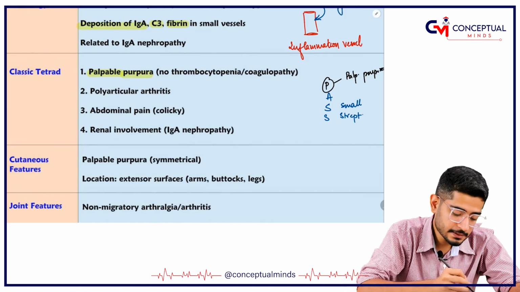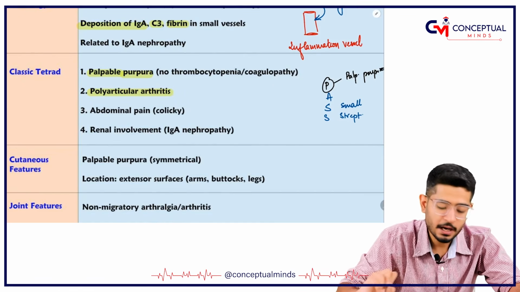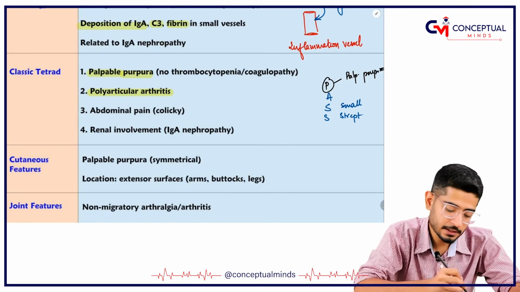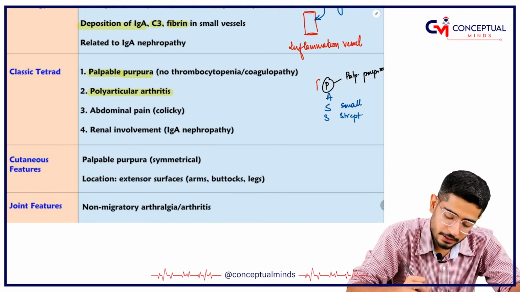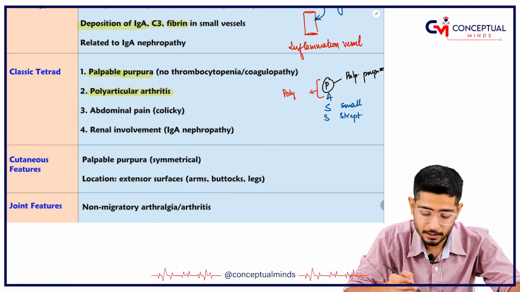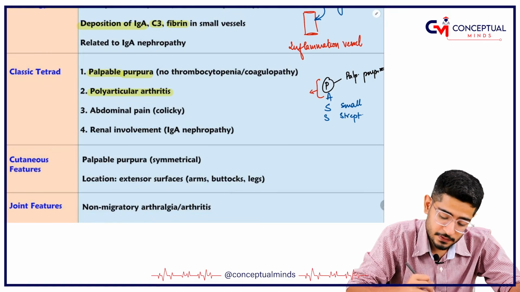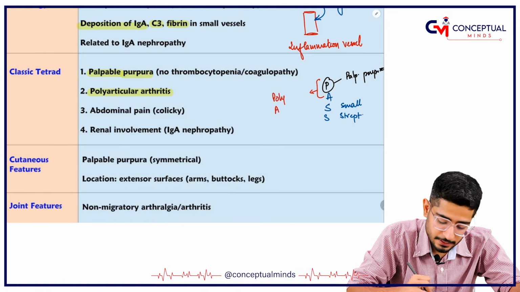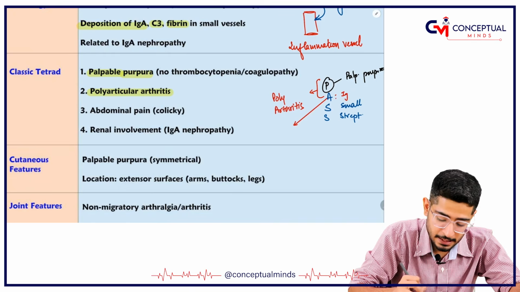Next, it is also associated with polyarticular arthritis. Polyarticular means different joints are going to get involved. Then what is coming from A? One A is IgA.